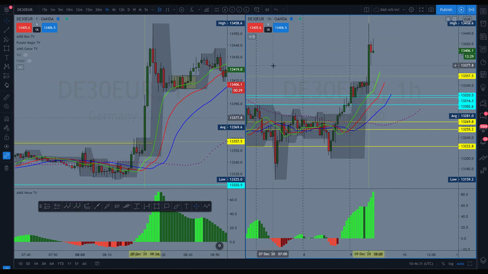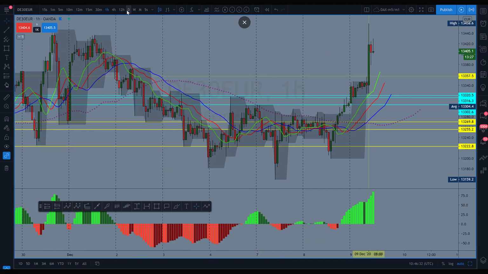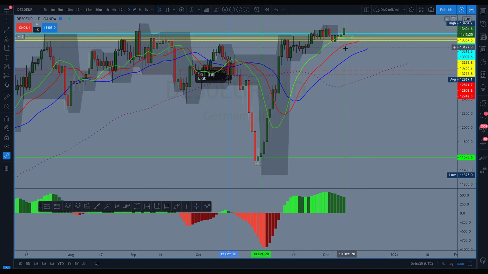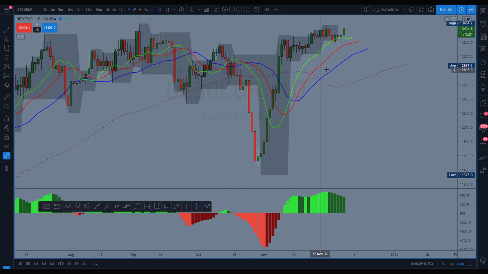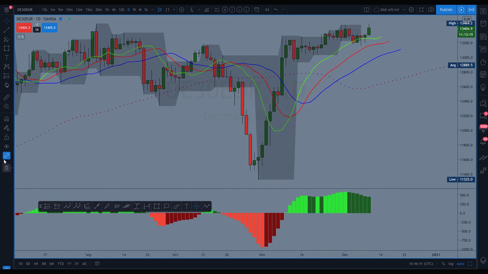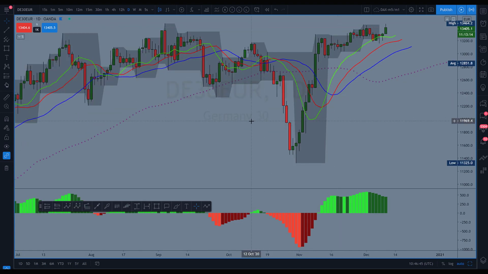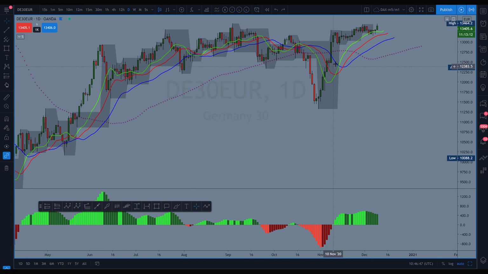And if we go to the daily chart, we have a pattern. Let's delete everything. I could have actually done that instead of deleting, but that's fine. We are at the overall highs of the market.